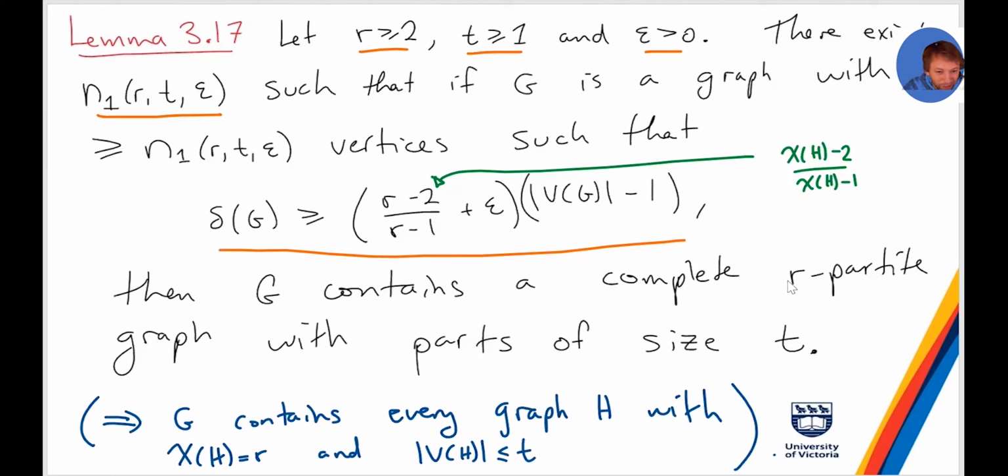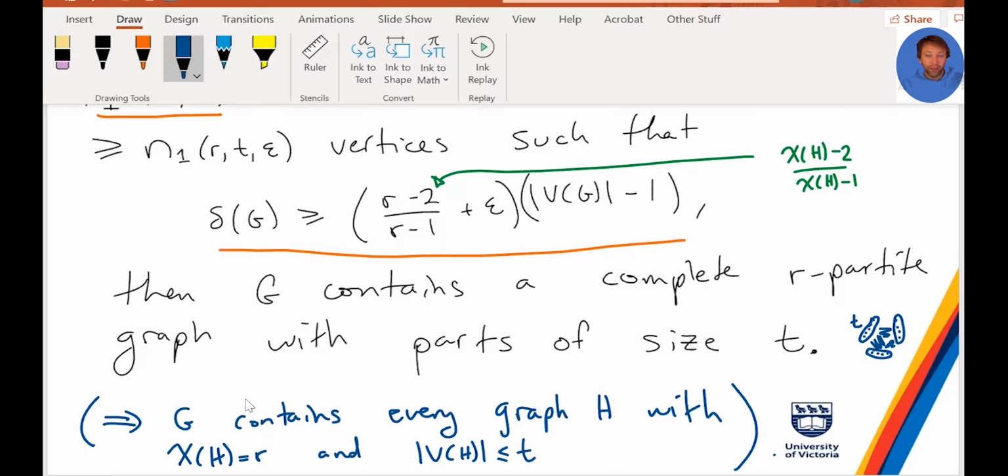And this is actually a bit wasteful, but what I'm saying is suppose G does contain an R-partite graph, let's say 3-partite, just because 3 is a nice number, where all the parts have size T, so it's complete tripartite. Then I claim I can find any graph I want that has chromatic number 3 and at most T vertices.